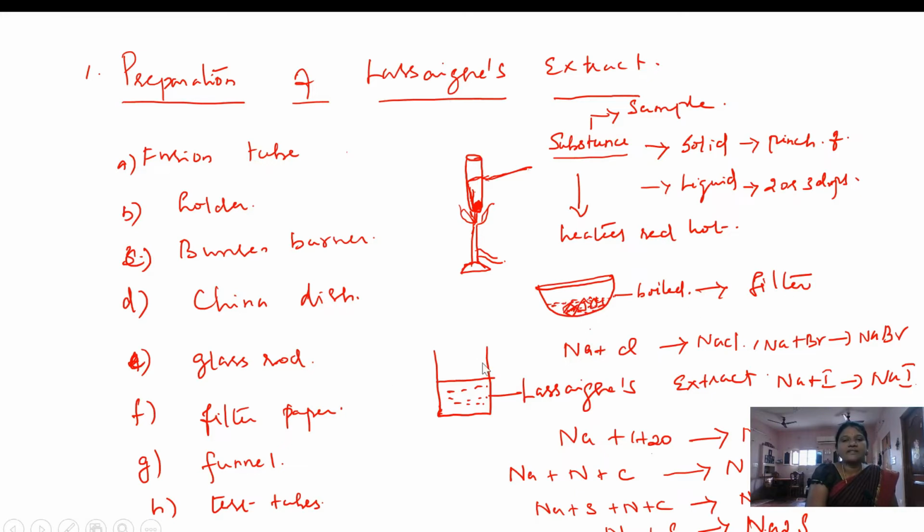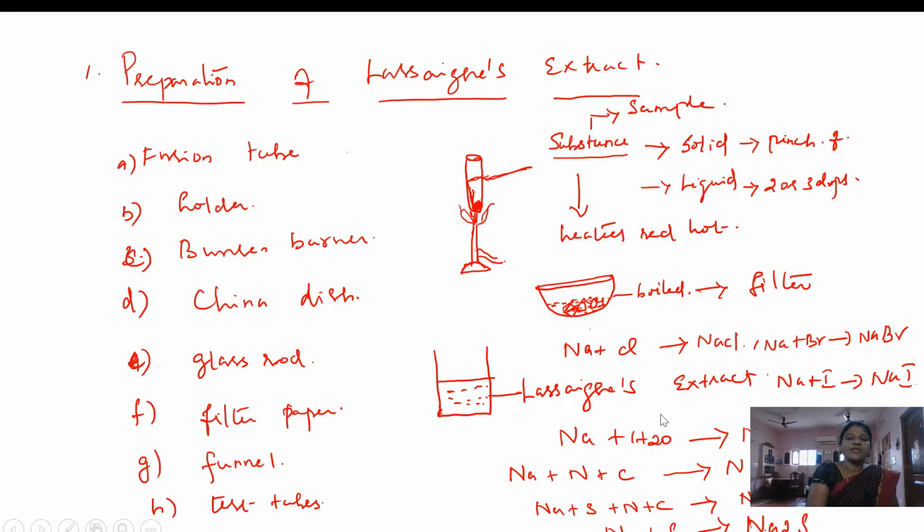Now, what are the compounds present in the Lassaigne's extract? The aim of preparing the Lassaigne's extract is that the elements of the organic compound are converted into their sodium compounds, like sodium cyanide, sodium thiocyanate, sodium sulfide, and sodium iodide, bromide, and chloride.